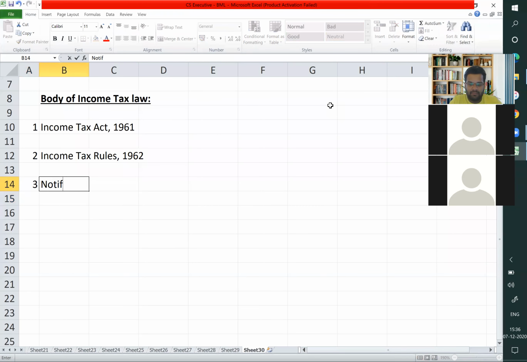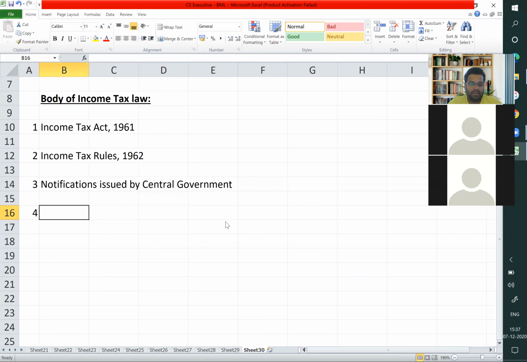Then notifications issued by the central government. Why central government? Which government does this income tax go to? Income tax is a 100% central levy. It goes to the Union of India. So notifications are issued by the central government.